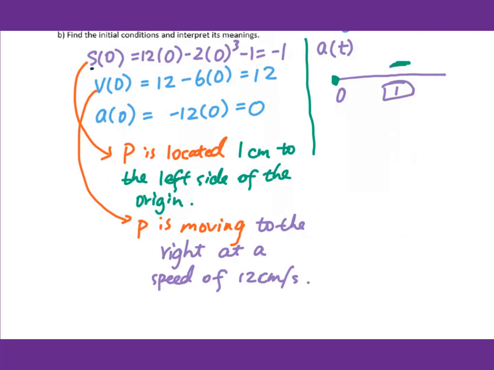For s of 0 equals negative 1, it means P is located 1 centimeter to the left side of the origin. For v of 0 equals 12, P is moving to the right at a speed of 12 centimeters per second.